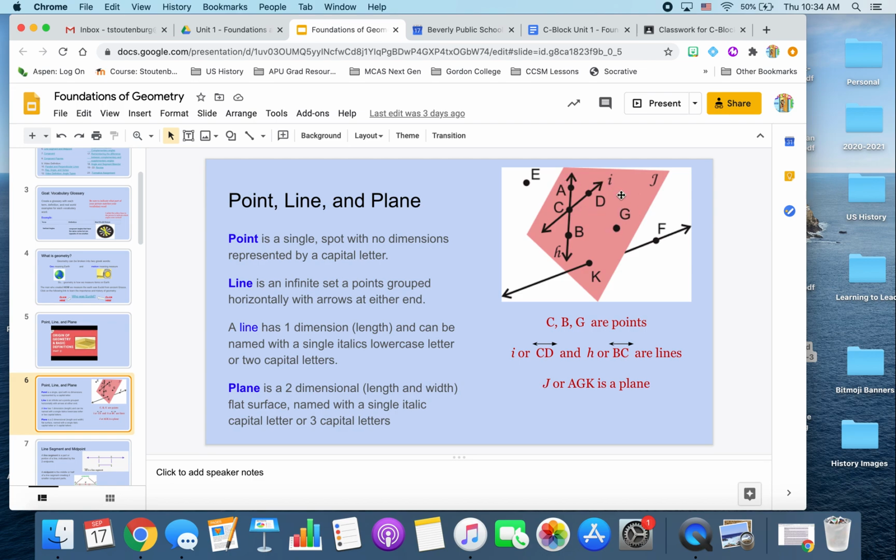It has length, it has width, and I can name this plane J based on the italicized capital letter, or I can choose 3 points. In this case, I choose A, G, K. I could have used A, D, B as well. It doesn't matter which 3 points you choose as long as it's 3 points on that pink shaded region.